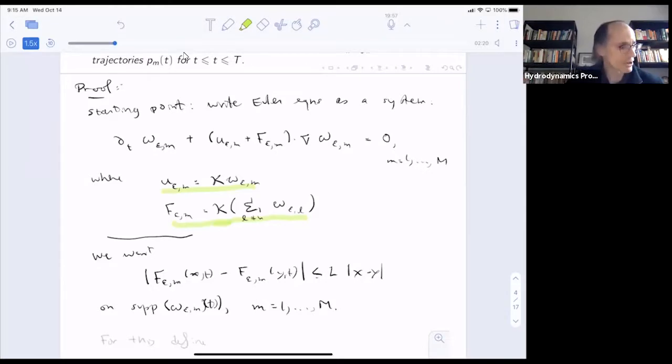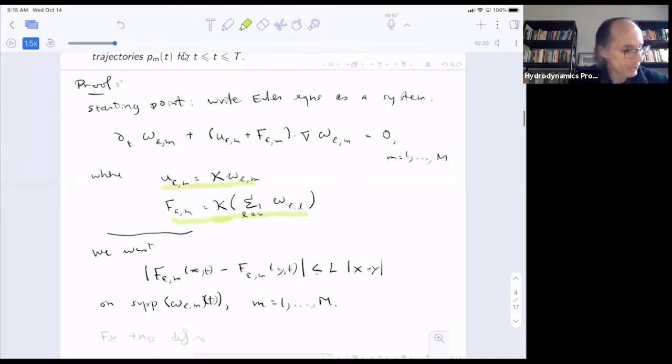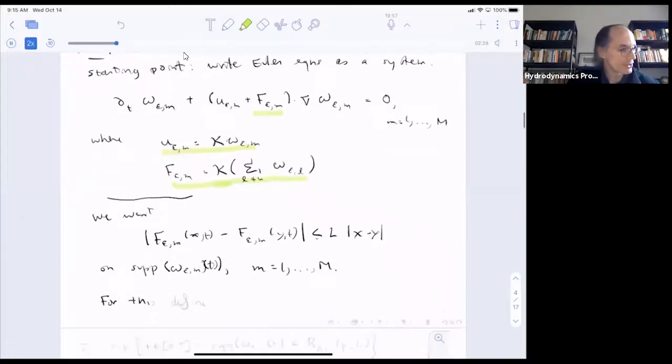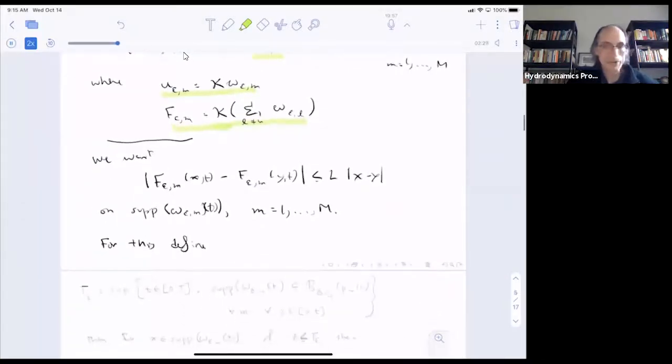But that's stronger than we need. The Lipschitz continuity will only matter where omega is non-zero. So we only need Lipschitz continuity on the support of omega epsilon m, but we need this for every little m.